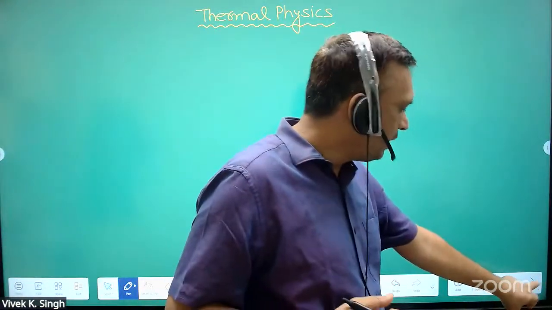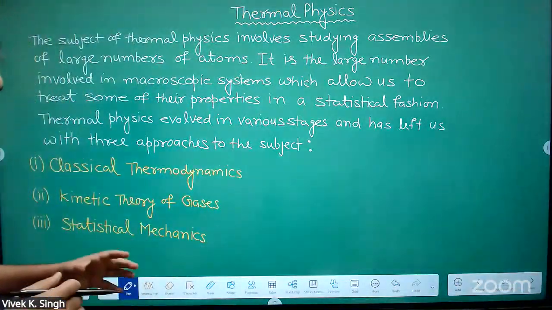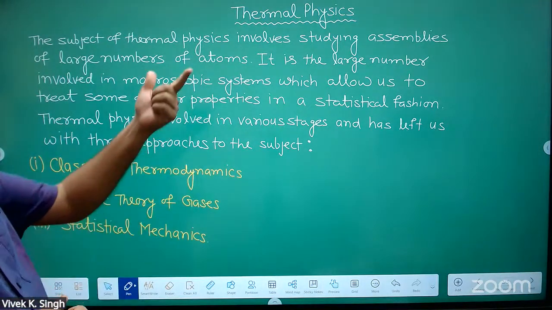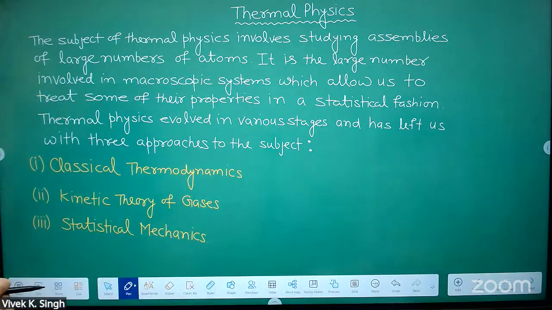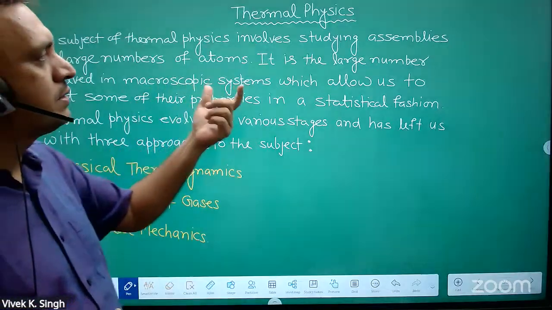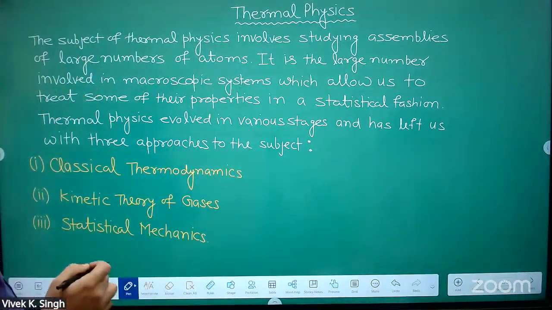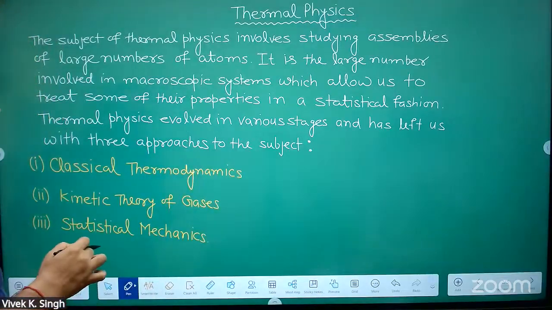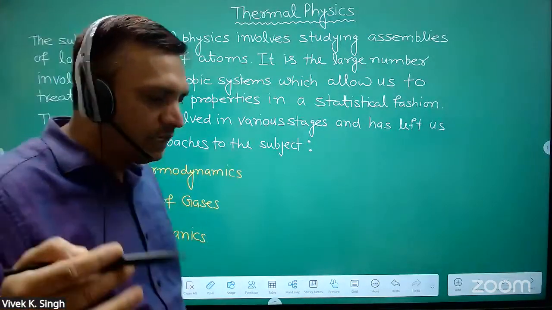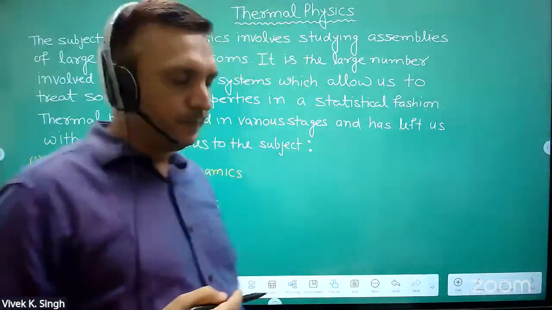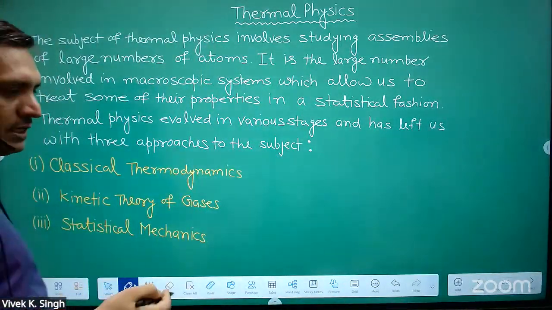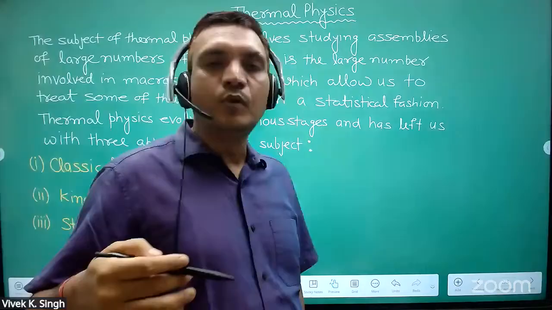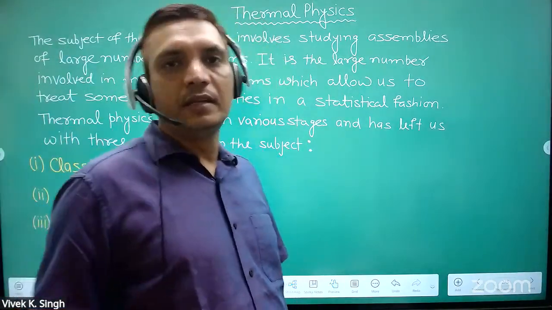You should write down these points. As I have already told you, this subject involves studying assemblies of a large number of atoms. You will see the number of atoms is of the order of 10 to the power 23. We will discuss the concept of the mole. In 1 mole, approximately 10 to the power 23 atoms are there.